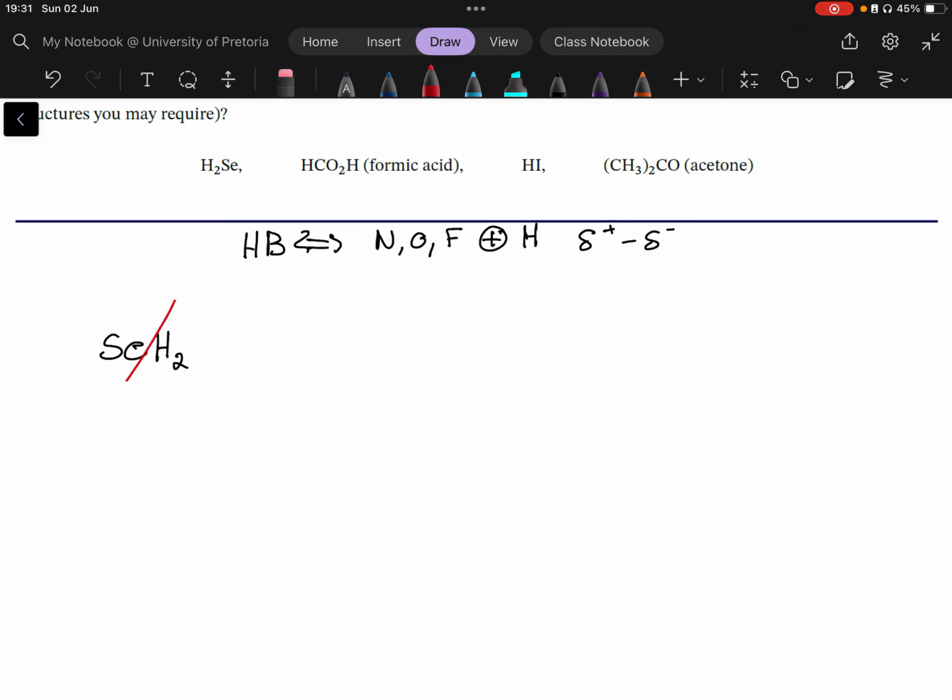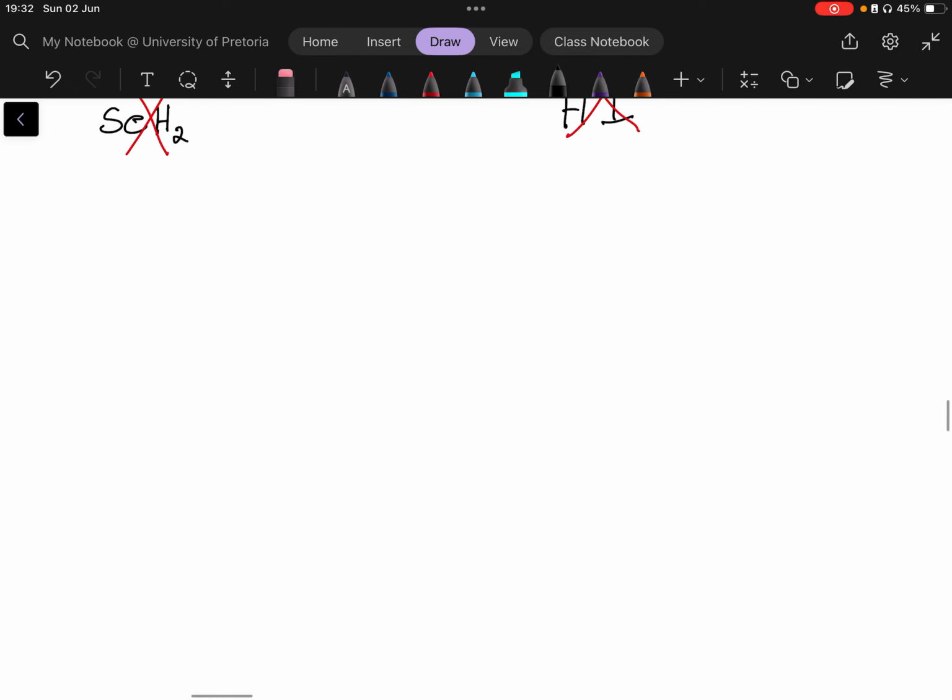So we can just put a cross through that. We can also immediately eliminate HI as an option because it doesn't contain anything that will form hydrogen bonds. So the formic acid and the acetone are the ones that we need to consider.